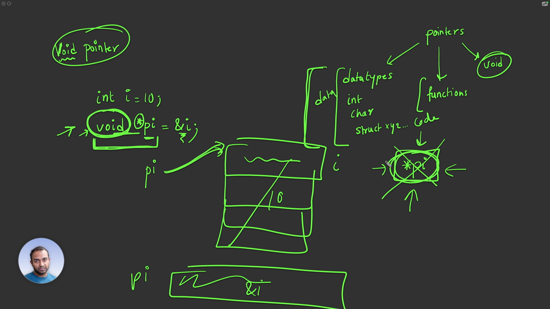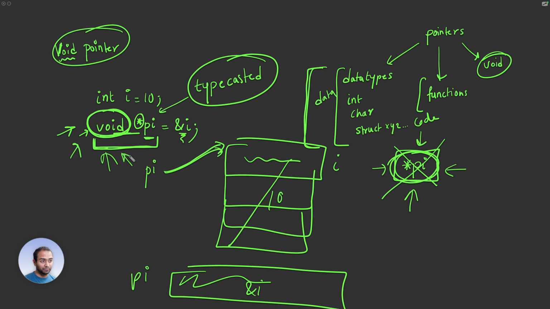And just as a teaser, a void pointer is useful in terms of extracting data out of a memory region or updating the memory region only when it is typecasted, right? And what typecasting means, we'll also take a look at when we explore how void pointers can be used.